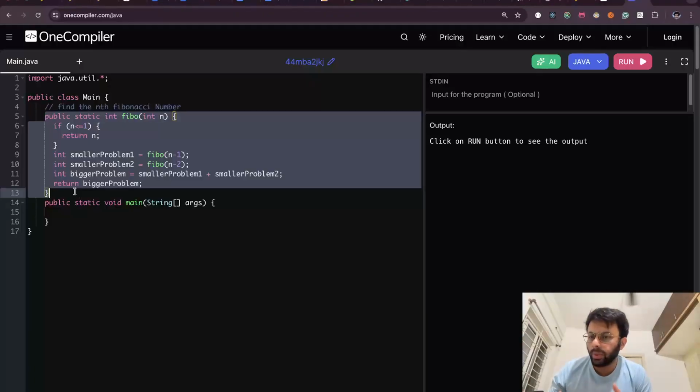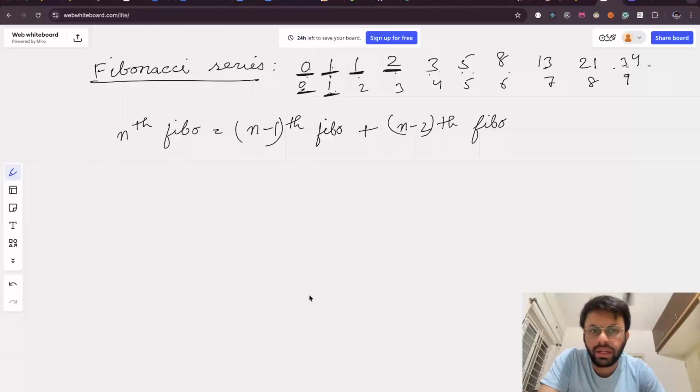Now we need to see how to find the time complexity. So here, if you remember in the previous class, what did we see?